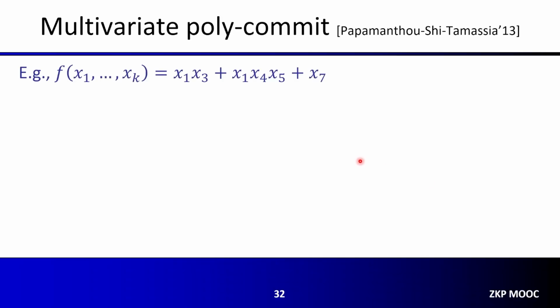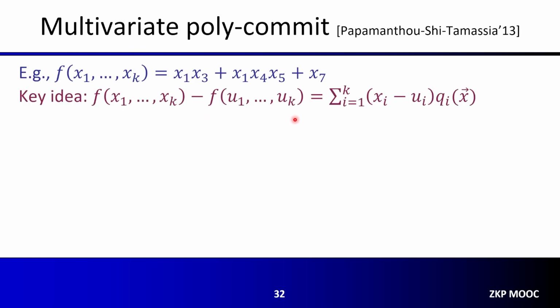The first extension is to the multivariate case, and the scheme was proposed by Papamanthou, Shi, and Tamassia in a paper in 2013. And here I'm showing you an example of a multivariate polynomial with k variables, and it basically can be expressed as the summation of all these monomials generated by these variables times the corresponding coefficients. And the key idea to build a multivariate polynomial commitment scheme is based on this polynomial equation.